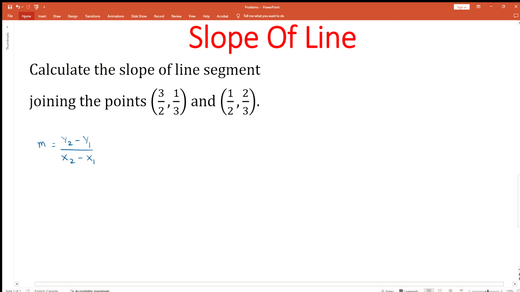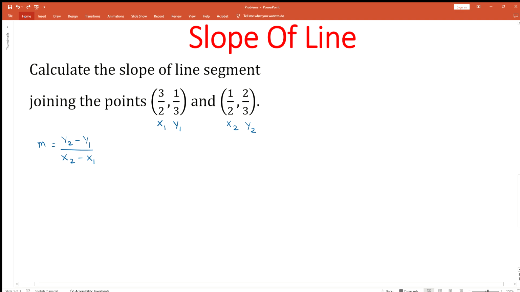We are given 2 points that lie on the line segment. We can label one of them as x1, y1 and the other one as x2, y2. We can label either of these 2 points as x1, y1 and the other one as x2, y2. The final answer will be the same.